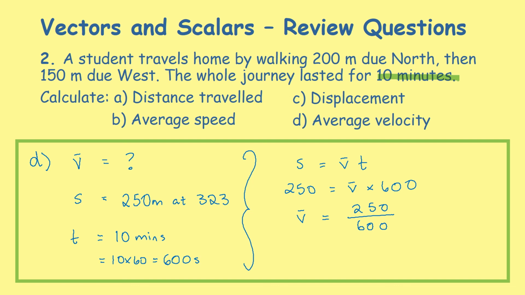Just popping that into my calculator now, what we get is 0.416 recurring. And we can round this to 0.42 meters per second. And remember, because it's average velocity, it's a vector, it needs a direction, and it's going to be the same direction as our displacement. So again, it's at 323 just there. And that's our final answer.